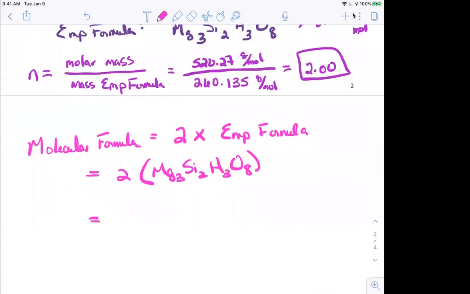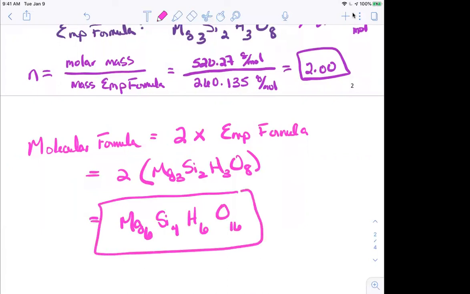So that means I have magnesium 6, silicon 4, hydrogen 6, O16. And this is the molecular formula for that chrysotile.